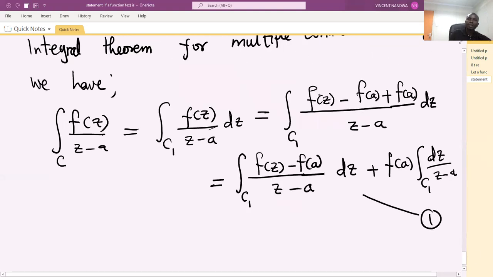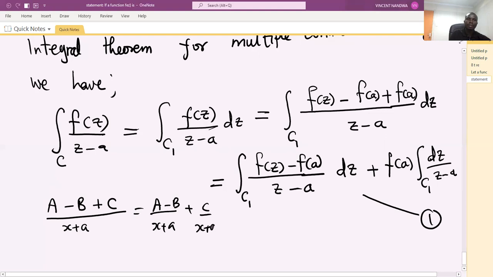Remember what I've done here is, when you have a minus b plus c divided by, say, x plus a, you can write it as a minus b over x plus a plus c over x plus a.